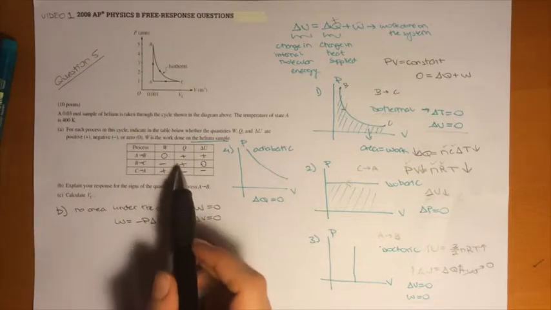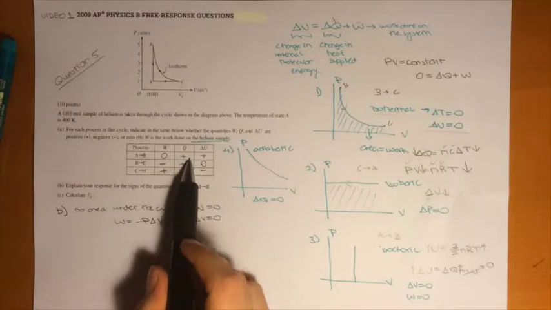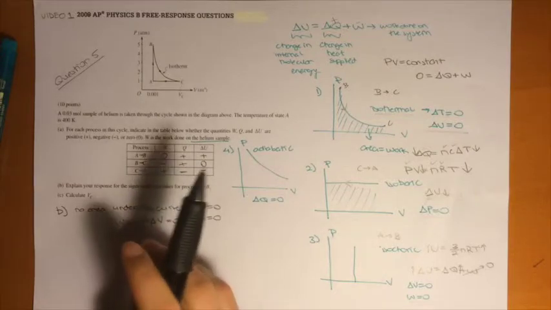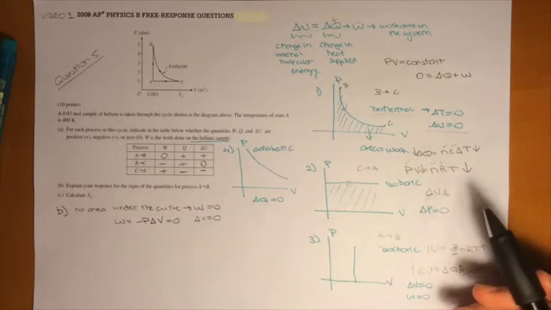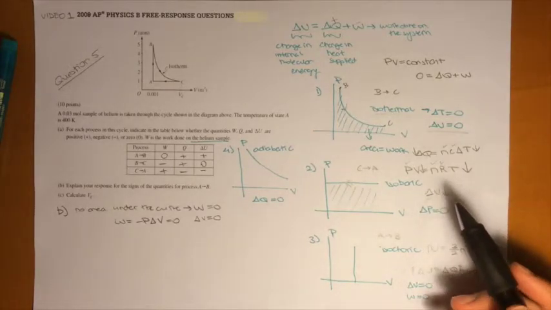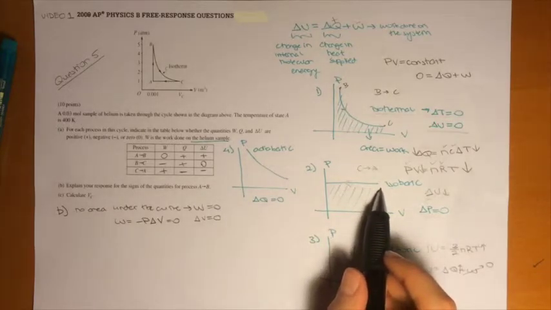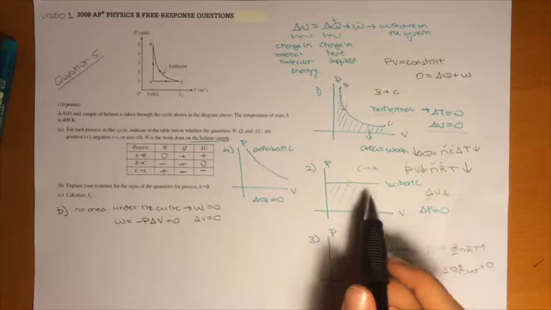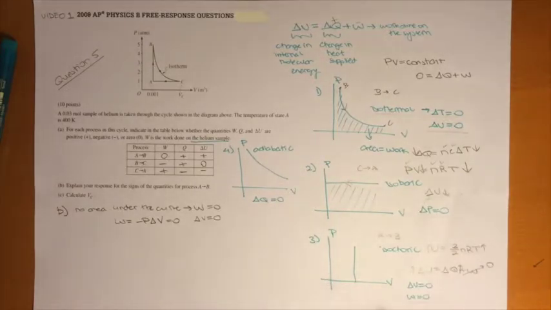And then for the Q, I said it's positive because for a fixed number of moles in the sample, an increase in pressure when the volume is constant will make an increase in temperature, and an increase in temperature makes an increase in internal energy.